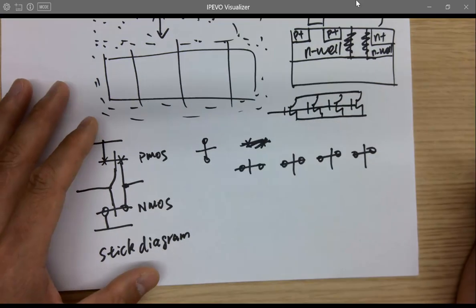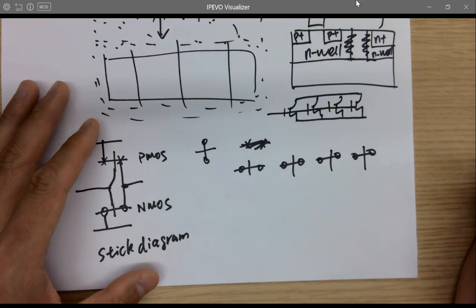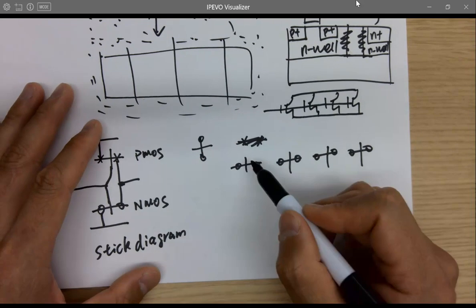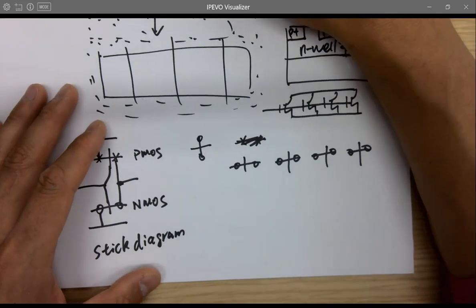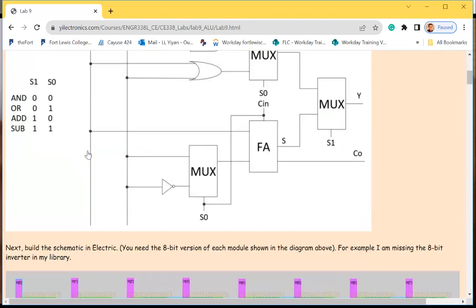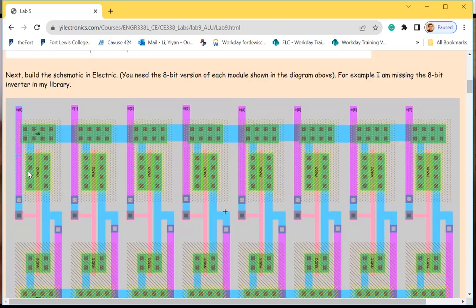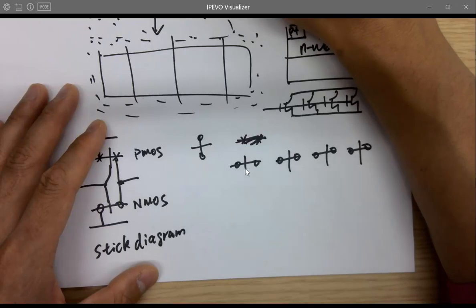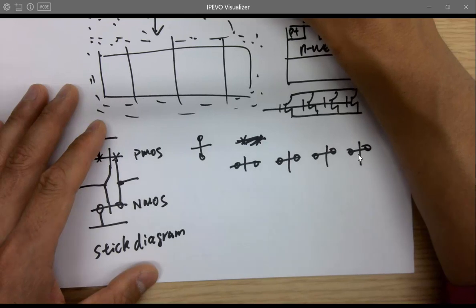Why do we draw it this way when we want to simplify it? Because that's the way we laid it out over here in the circuit, right? So we have the gate runs like this. Okay, we got a circle, circle, gate. Circle, circle, gate. So simplifying here, it can directly translate into the physical layout. We manually laid it out, okay?